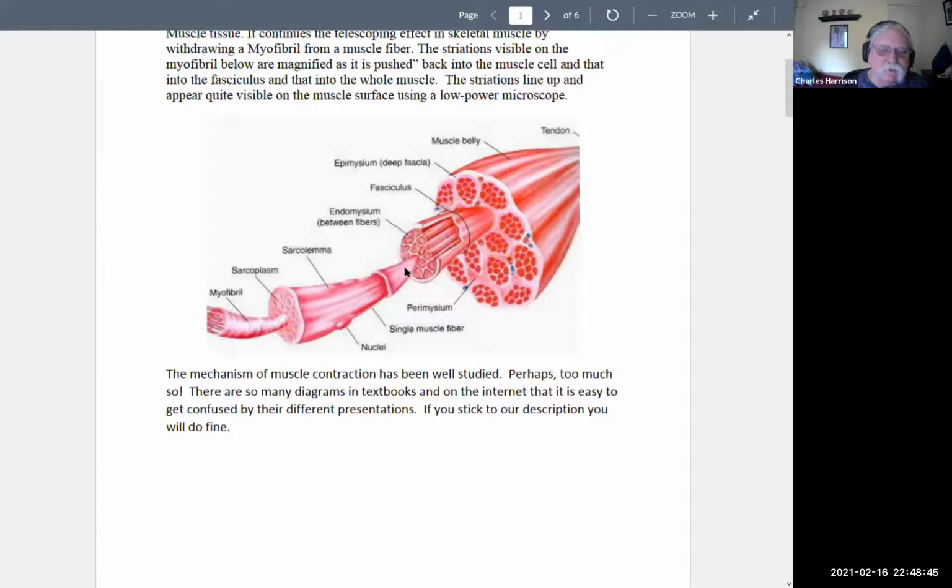And then if I took the muscle cell, of which only one is shown here, and pushed all of them back into the fasciculus, all the streaks would line up. And if I pushed all the fasciculi back into the muscle belly itself, it would be striated on the outside. All the striations would line up and really give us a nice picture of a striated muscle.